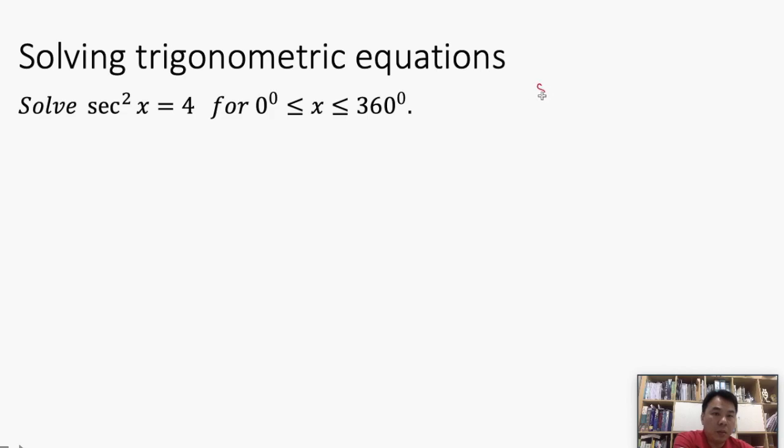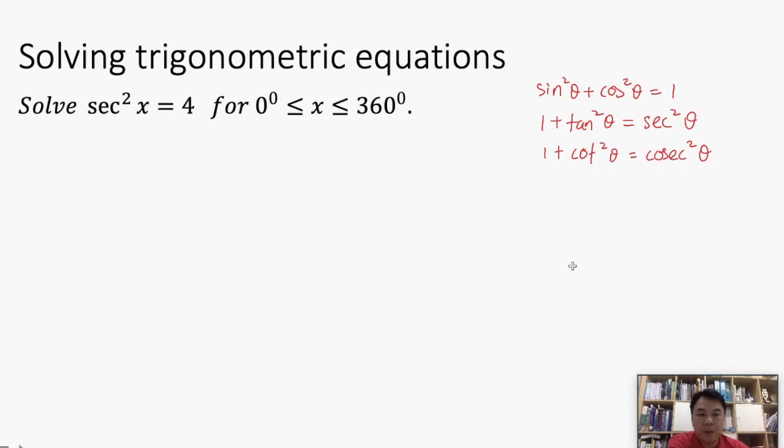So we have sine squared theta plus cos squared theta equal to 1, or we can have 1 plus tangent squared theta equal to secant squared theta, or we can have 1 plus cotangent square equal to cosecant squared theta. Right, so that's all we need here. Okay. Hopefully it's useful at this point.